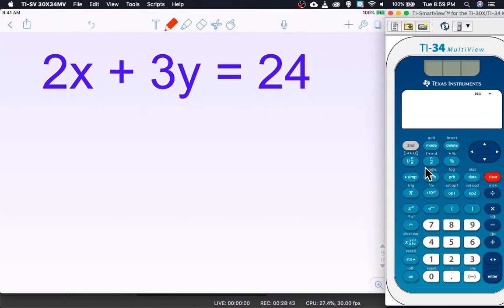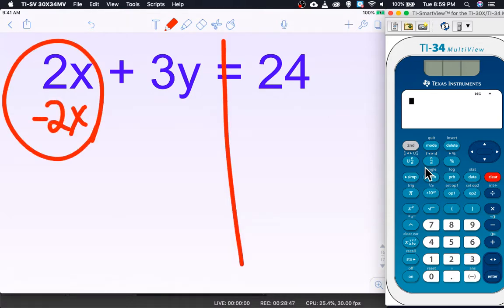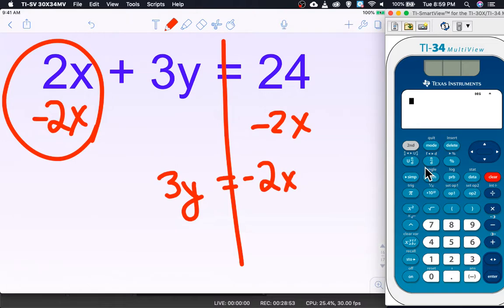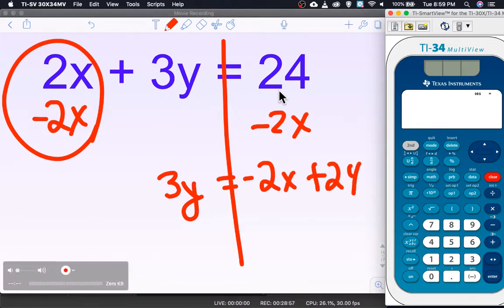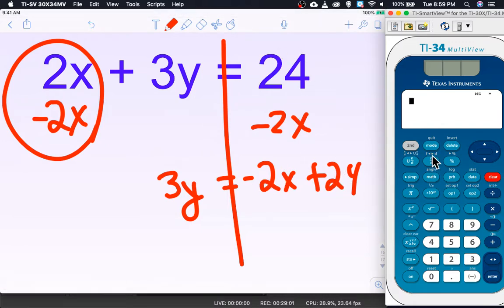To solve this for y, I'm going to subtract 2x to cancel out that positive 2x. 3y equals negative 2x plus 24. I can't combine them, so I just bring both pieces down. Here's my 2x. Here's my 24.